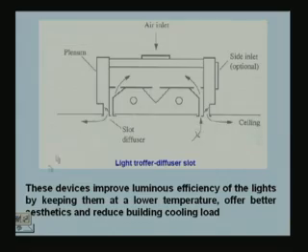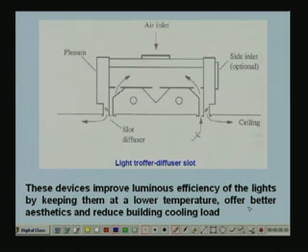There is also a special device called light trougher diffuser slot. Let me show a schematic of this. This schematic shows a light trougher diffuser slot. This actually is a housing which includes fluorescent lamps. These are the fluorescent tubes, or tube lights, and they are installed in the ceiling. You can see that it is installed in the ceiling, and the same housing consists of return air inlets.